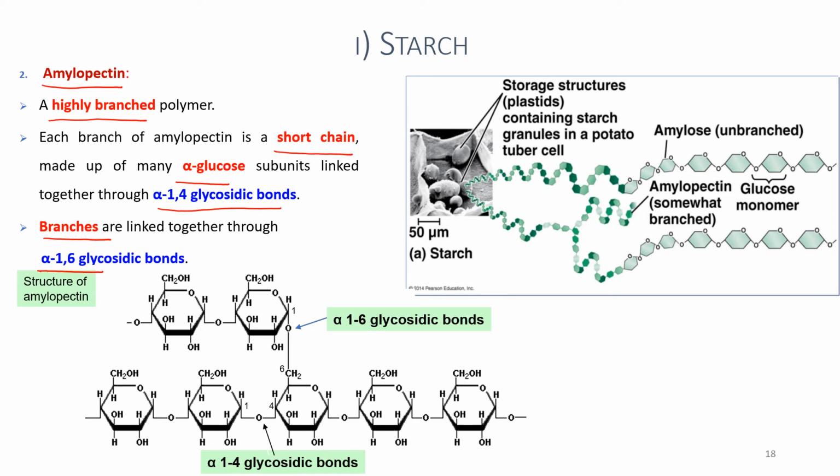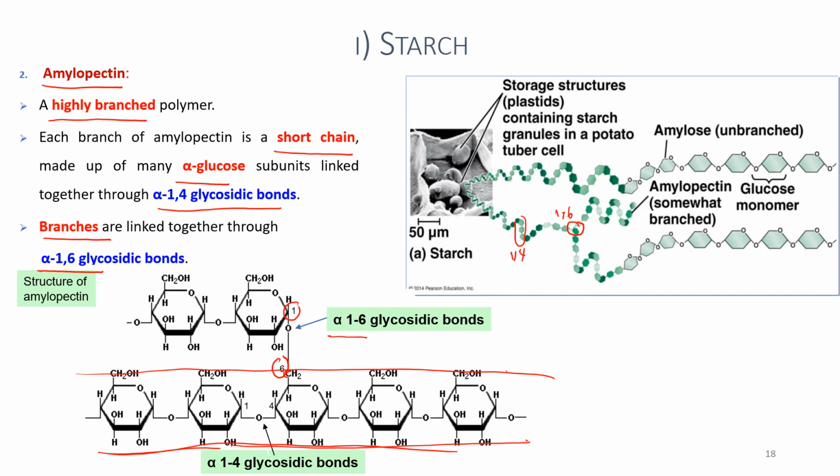So here you have the main polymer within the amylopectin, and where there is a branch, the branch is held by alpha 1,6 linkage between carbon number 6 and carbon number 1 of the branch. So that is the structure of amylopectin. Where there is a branch it is 1,6, and between the monomers it is 1,4.